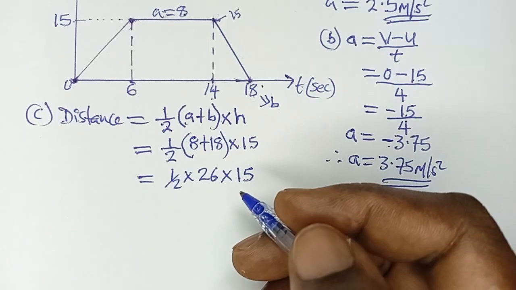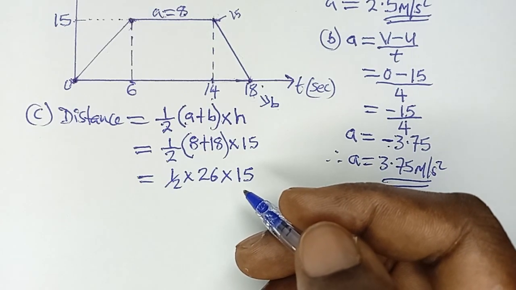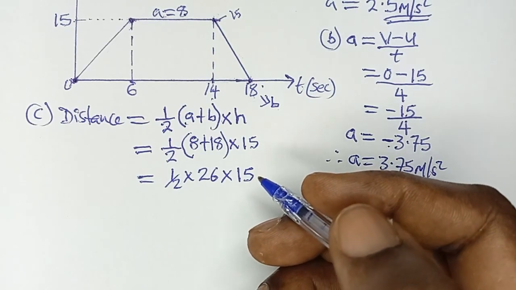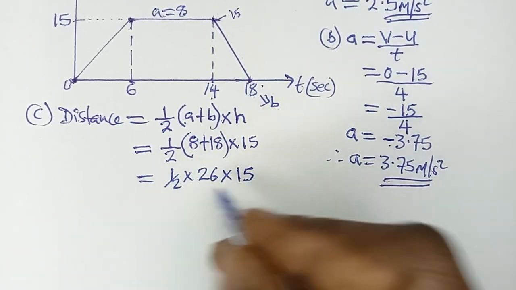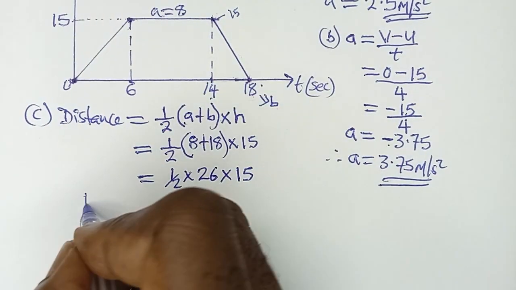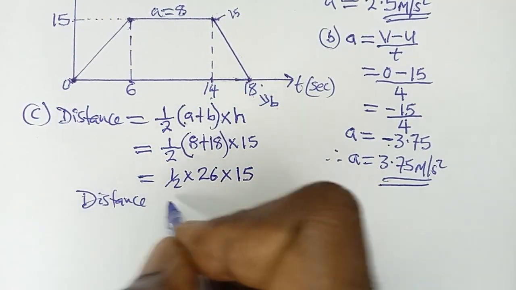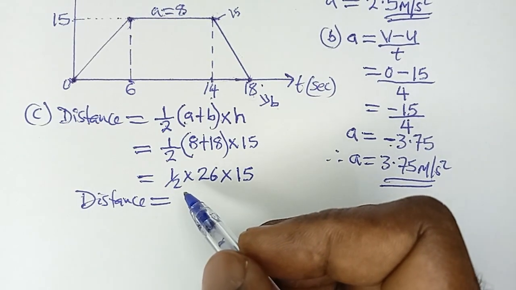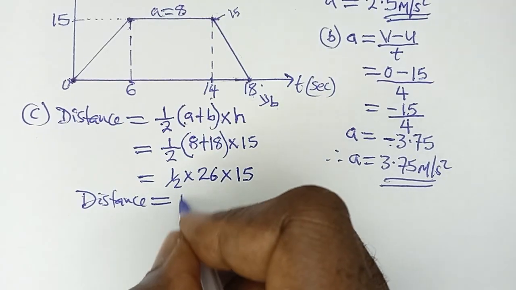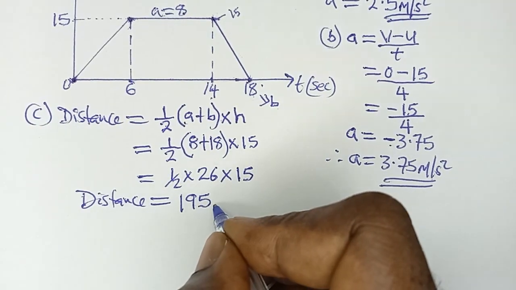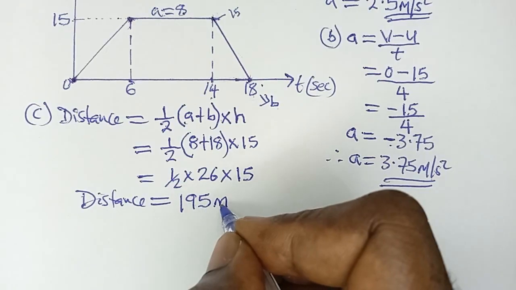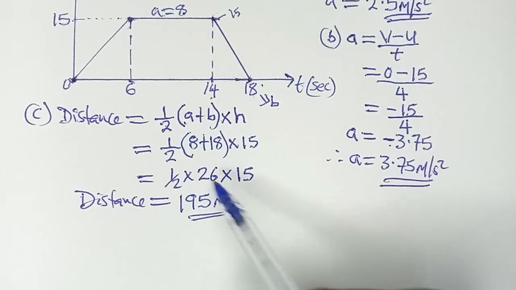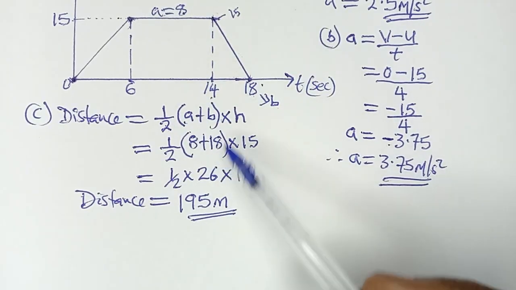If we multiply 26 by 15 and then divide by 2, we get the area of the shape, which is the distance. So 26 multiplied by 15 all divided by 2 gives us 195. And that is distance, so the unit is meter. This is the total distance covered by the body in the motion.